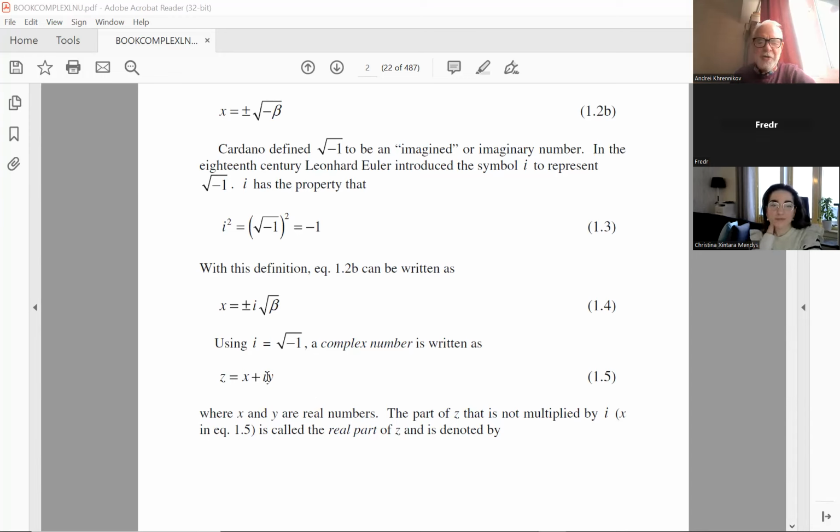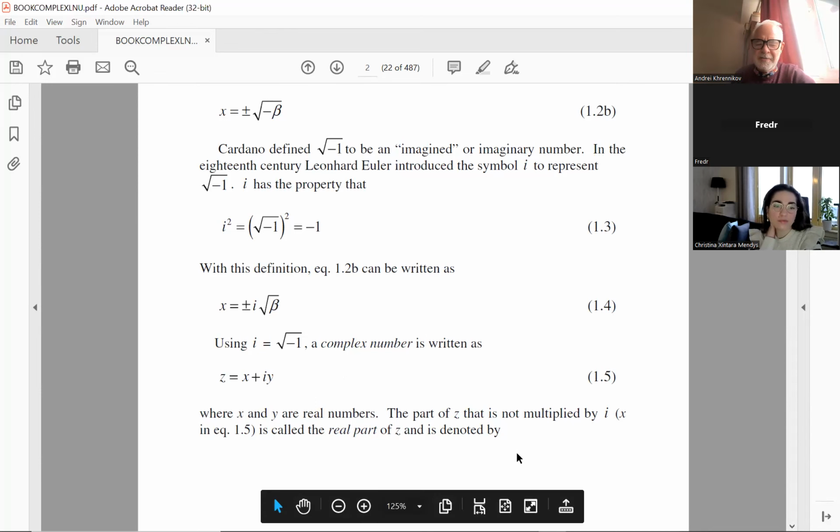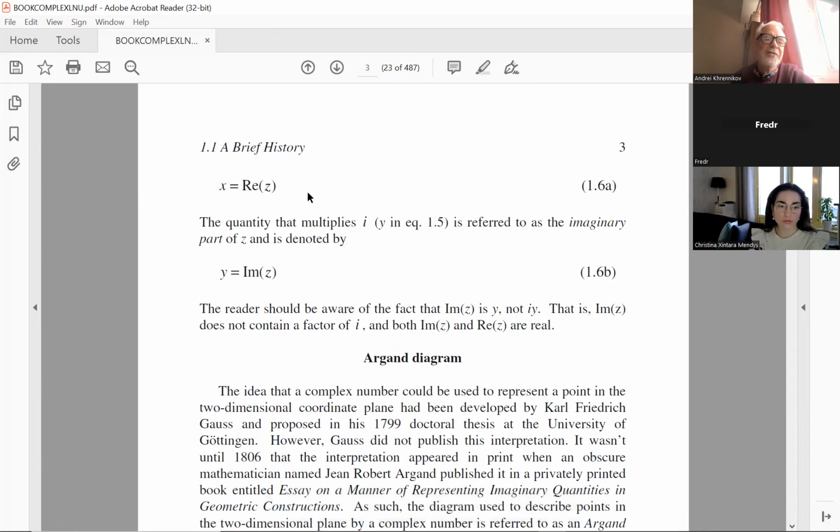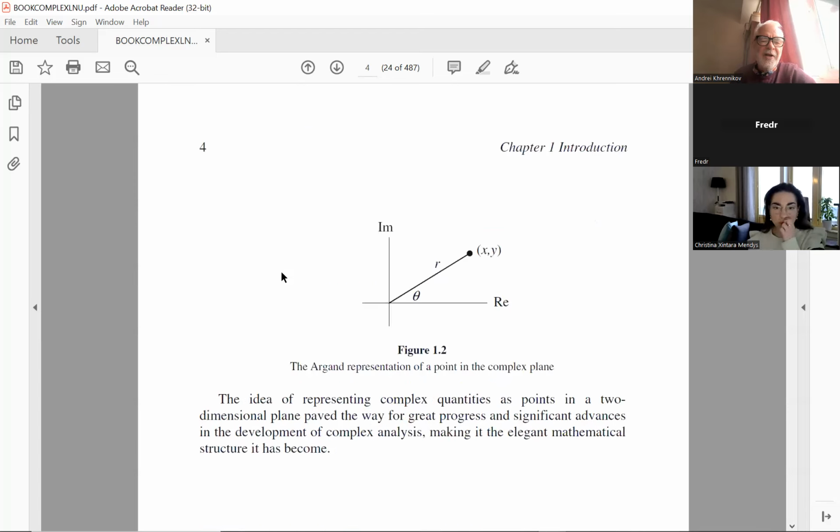So we go now to the complex plane. This complex plane is our usual plane, where x is called the real part of the complex number, and y is called the imaginary part. Two coordinates give a point on the plane, and we can find the radius and we can find the angle.